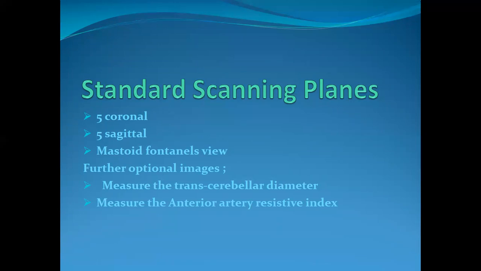If there is an increase in resistive index, then you will know that there is loss of autoregulation. You will know that most likely there is insult to the periventricular white matter.